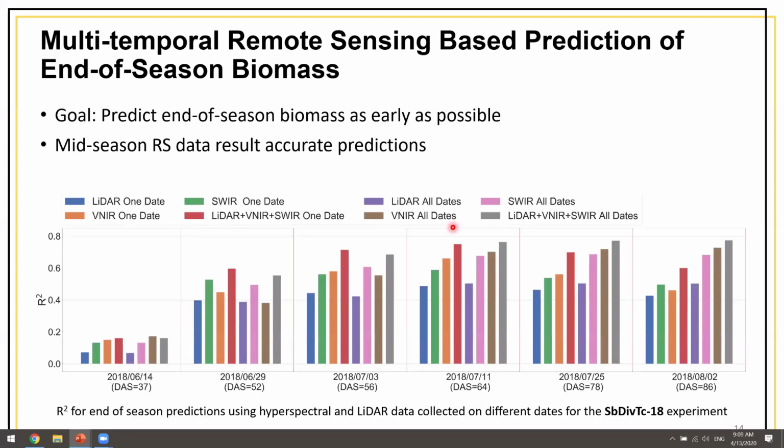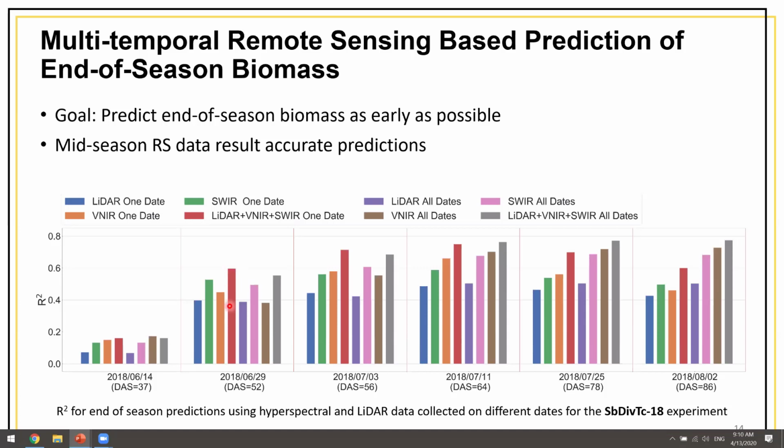The other problem we were looking at was how many data sets we need from each season and which time of season we should collect data. This graph shows, for example, June 29. The first one shows the LiDAR data collected only on that day, then SWIR, then linear, then all of the data collected only on that day.